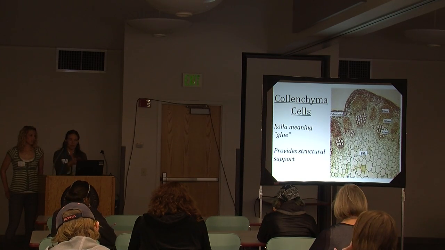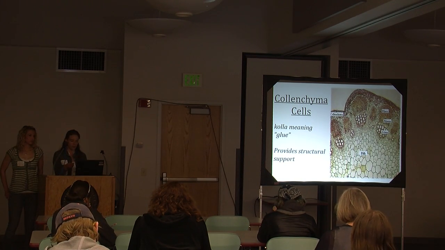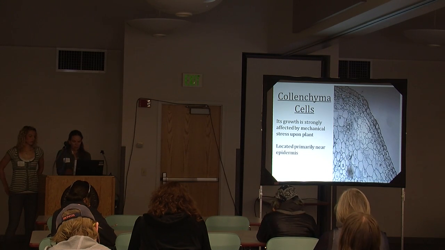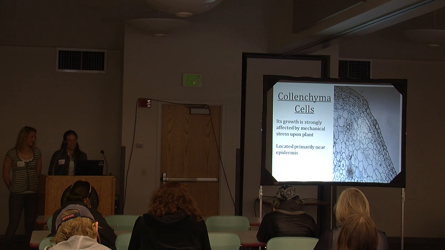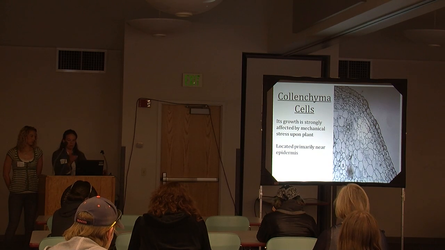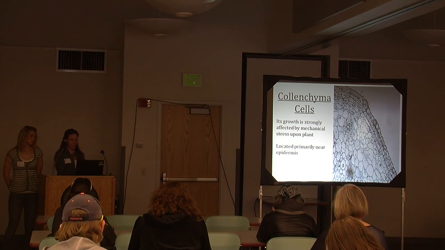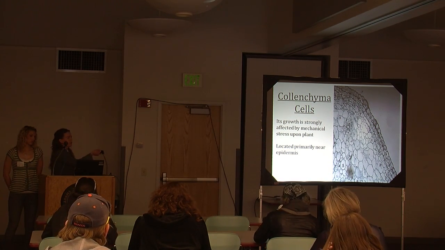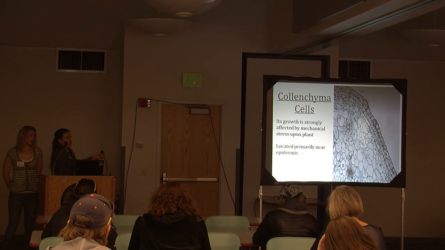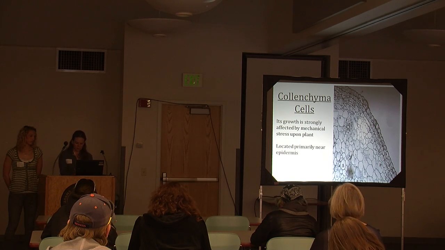Those help differentiate the three different classes of collenchyma cells. Sunflowers are eudicots, so the collenchyma is not just around the epidermis here, but also around the vascular tissue. As you can see in this little swirly area here, there are also collenchyma cells there.